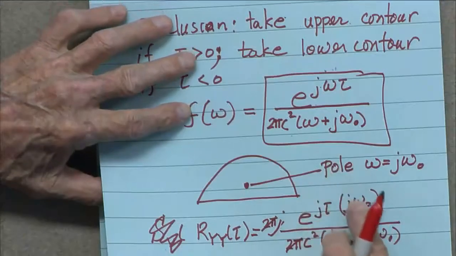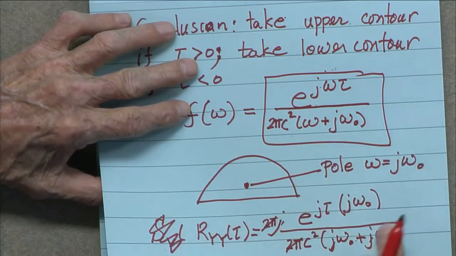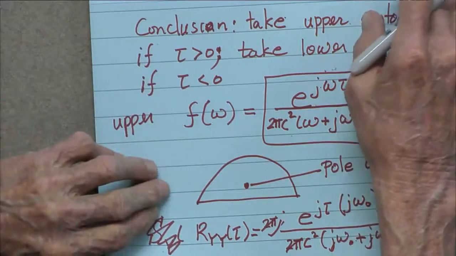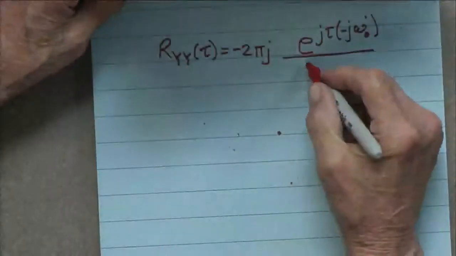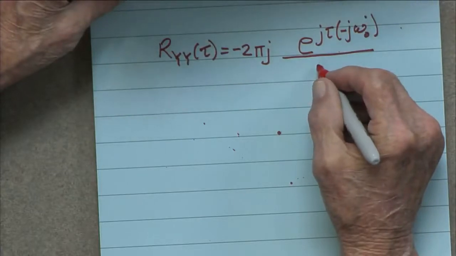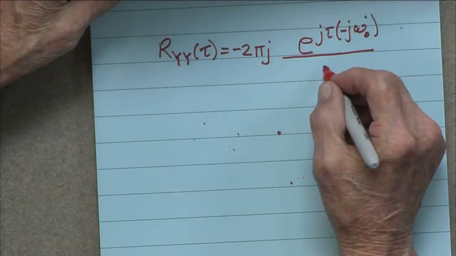And the denominator would be, we have that pole located at omega plus omega 0.